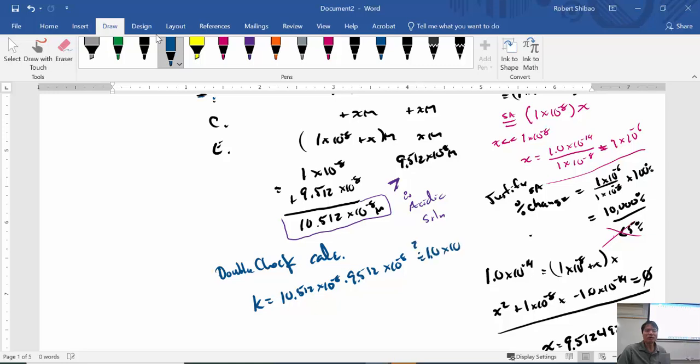This is 1.0 times 10 to the minus 14, the correct value. And so what does this come out to? Can somebody punch this in their calculator?